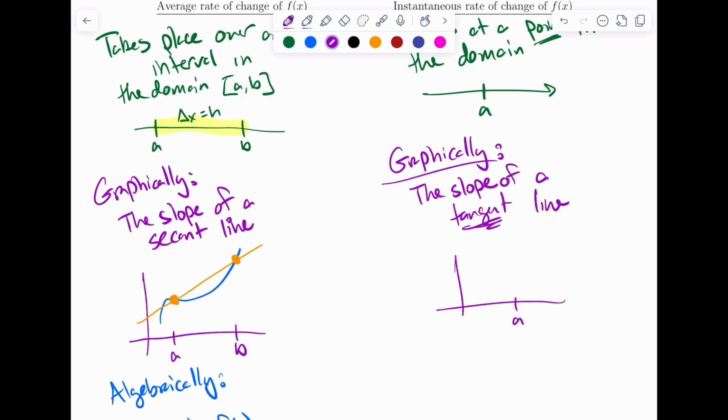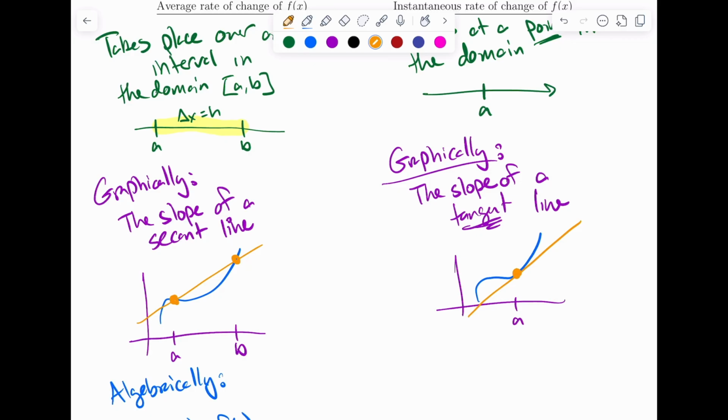Well, it's a line that touches our graph at one point and follows the contours. Or sometimes it's helpful to imagine that our 2 points for a secant line are really close together, and we are drawing a line that goes between them. So we can draw the point corresponding to a, and maybe imagine there's a second point really close to it, and if we were going to attach those 2 points with a line, our tangent line would look like this. And the instantaneous rate of change at that point is the slope of that tangent line.